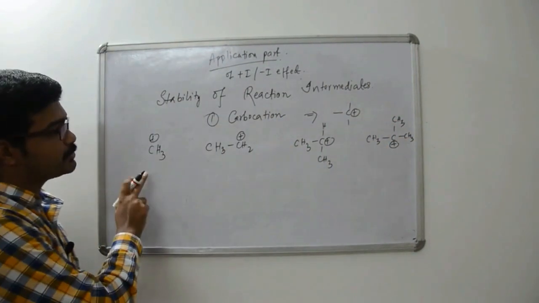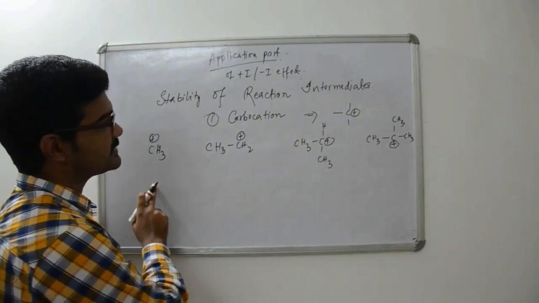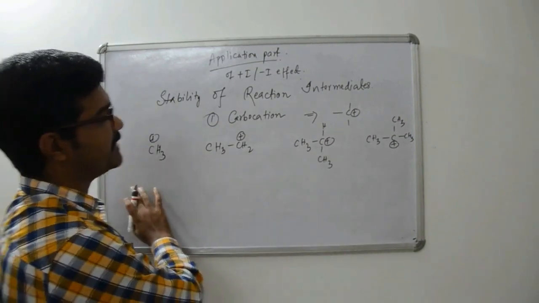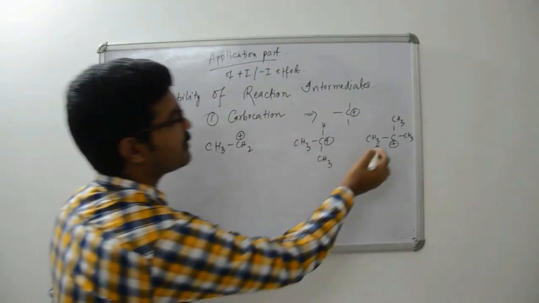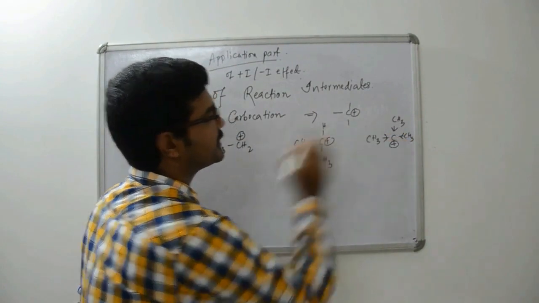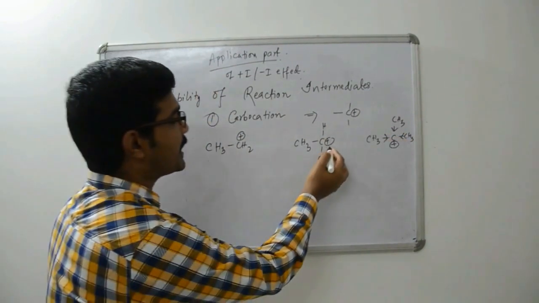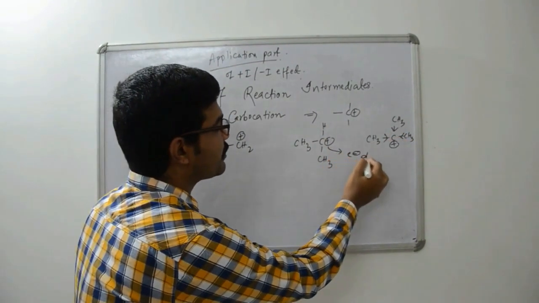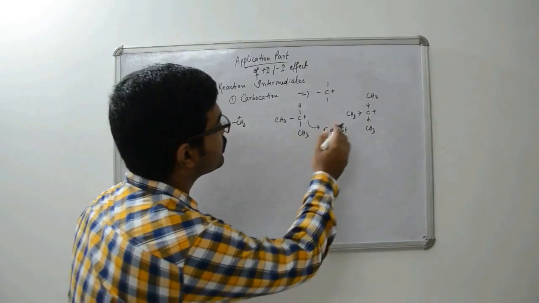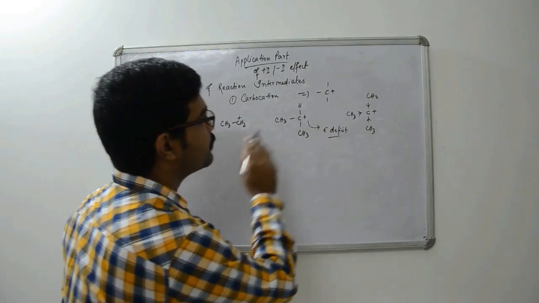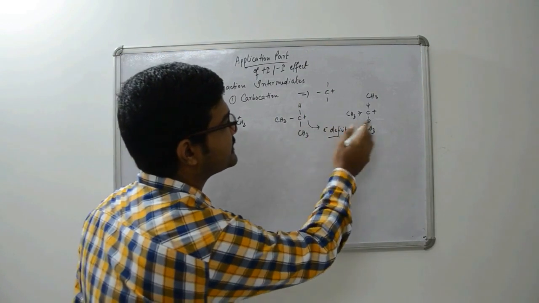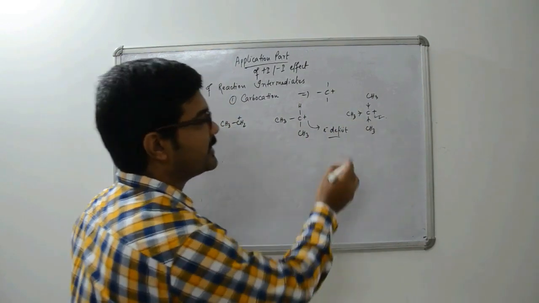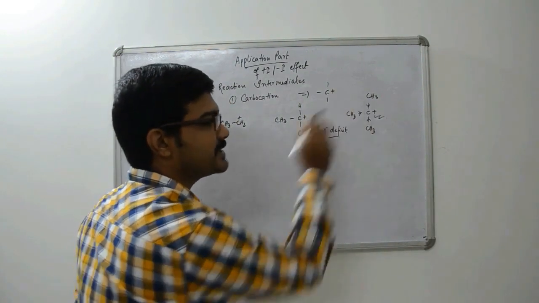we will see as we move from this end to this end, that is from left to right, the number of plus I effect groups increases. Now carbocation is an electron deficient species. The more the number of methyl groups, the more will be the electron density towards this carbocation, and hence the more will be the stability.